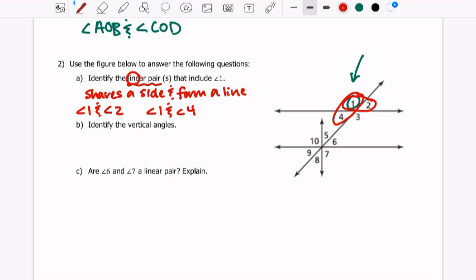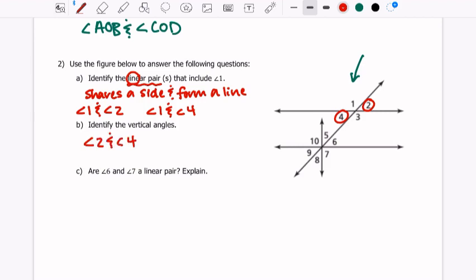Next up, we're going to identify all of the vertical angles. Well, there's a lot in here, okay? So I'm going to only give you one, and I want you to think about the rest of them. So for instance, I see that angle 2 and angle 4 are vertical angles, I should say.